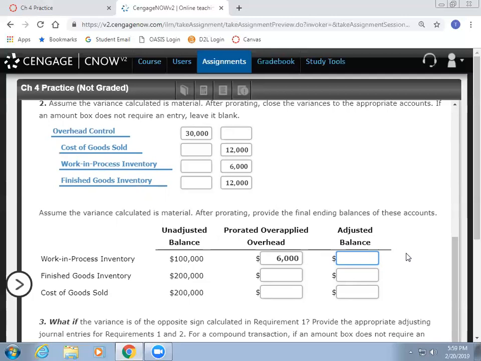Because we credited it. So we just need to subtract. The new balance in work in process inventory is 94,000. And then we do the same for finished goods and cost of goods sold. Those would both decrease 12,000, so their adjusted balances would both be 188,000.